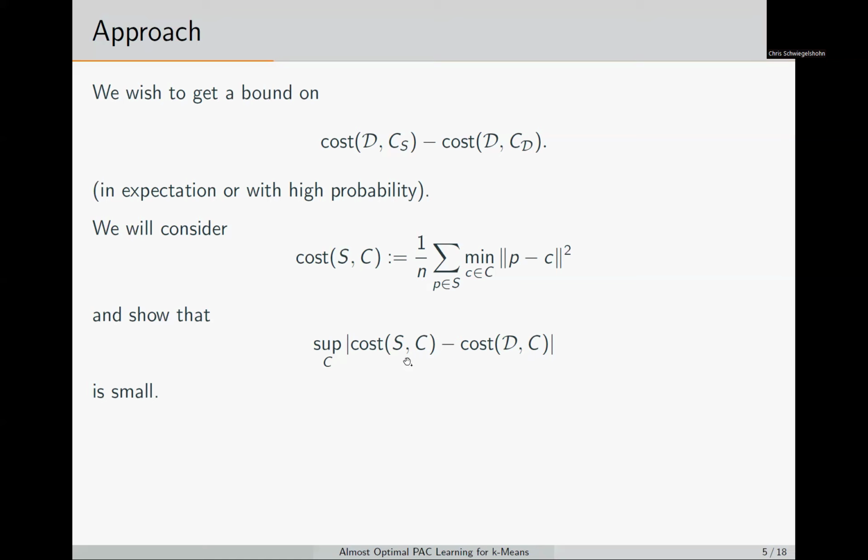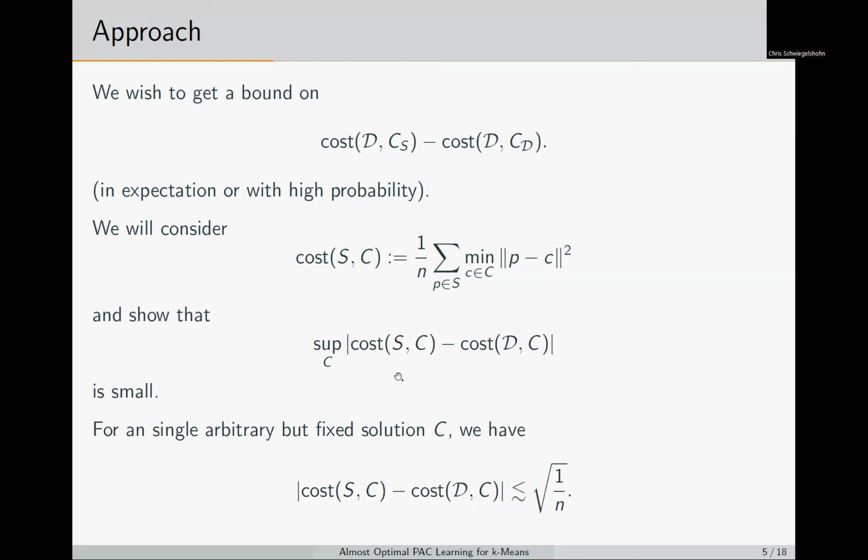So if this difference here is small for all possible candidate solutions, then we also know that the excess risk is small, because the true optimum cannot become too much more expensive, and the sample optimum cannot become too much more cheap. Okay.